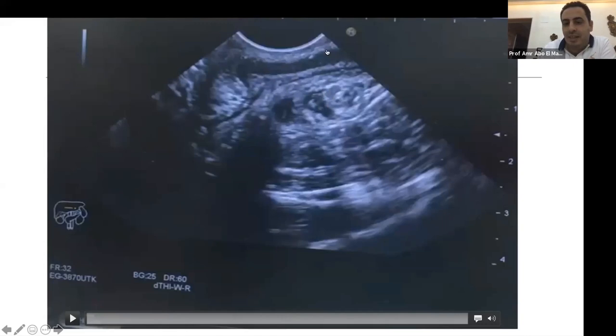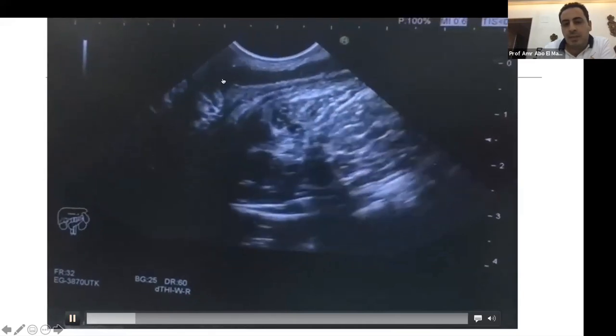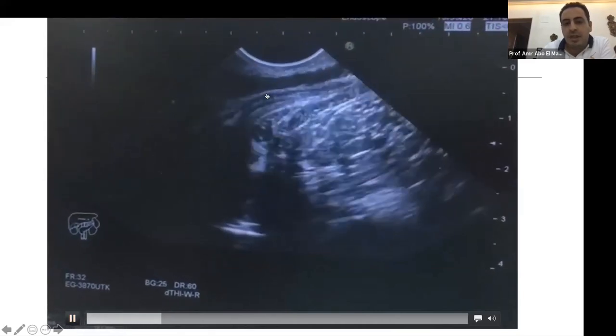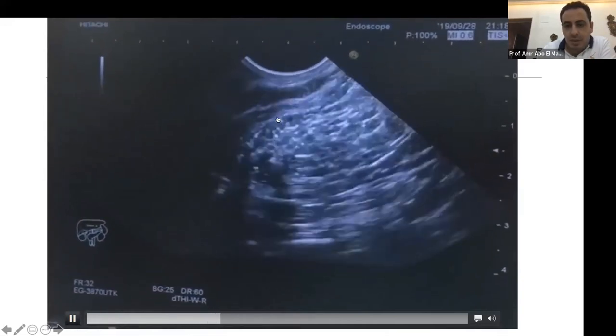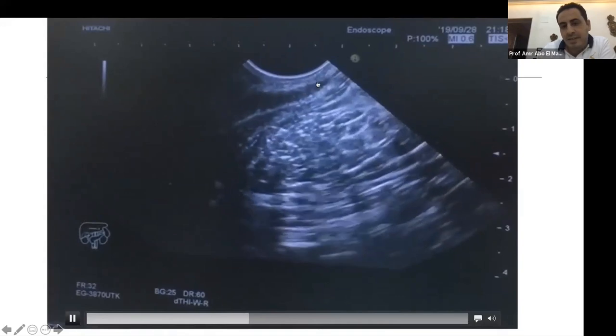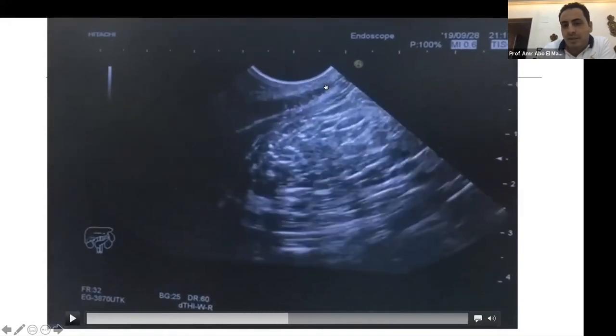If I can't find this ampulla or prostate, there is an important landmark: this hyperechoic strand is the puborectalis muscle. You can see the ampulla of the rectum, internal anal sphincter, intersphincteric area, external anal sphincter, and here the end of the internal anal sphincter.